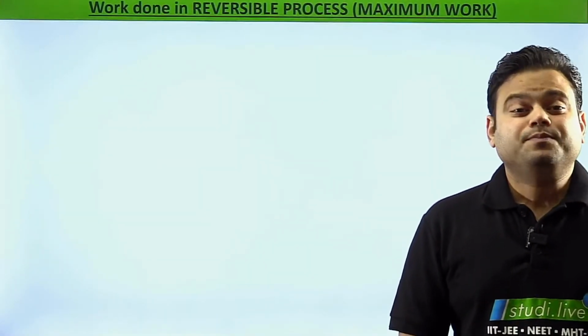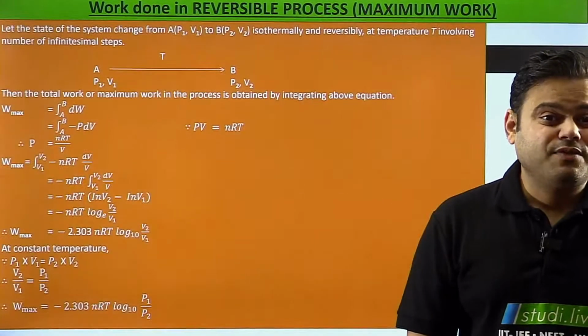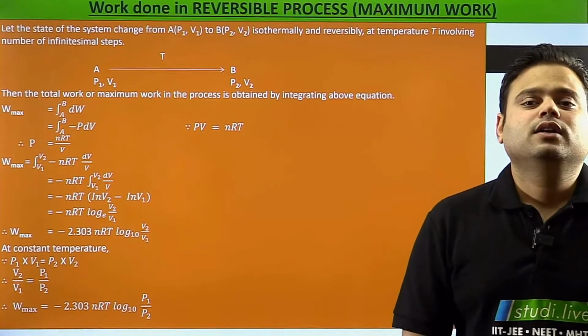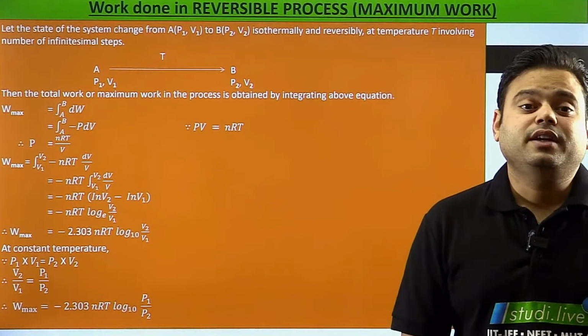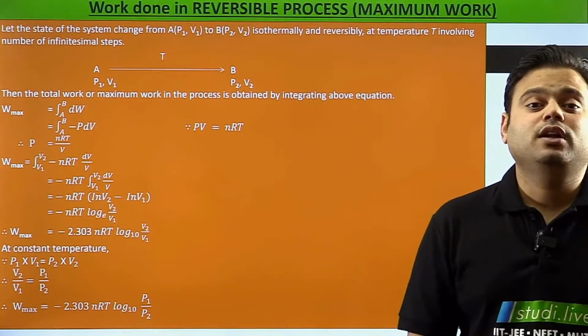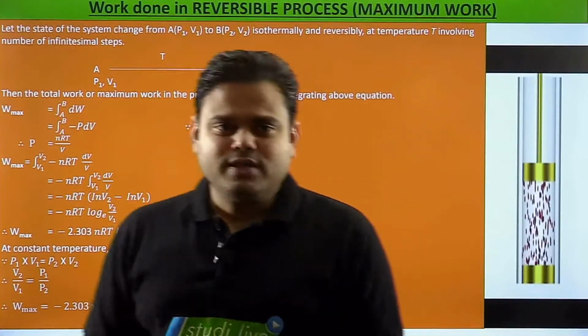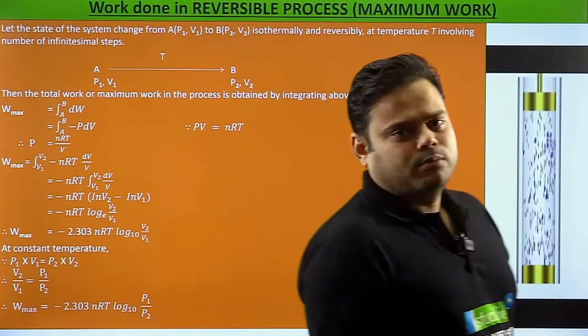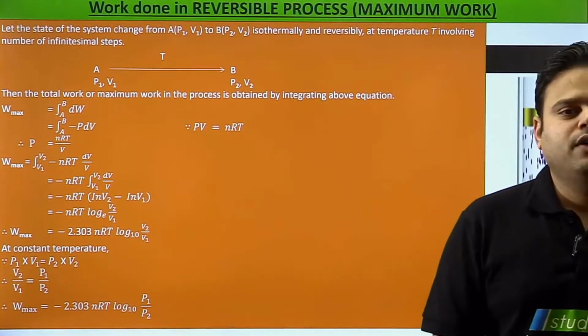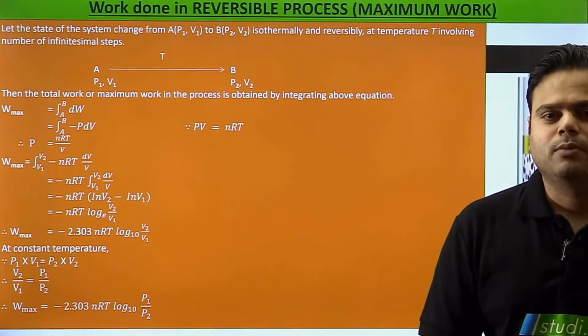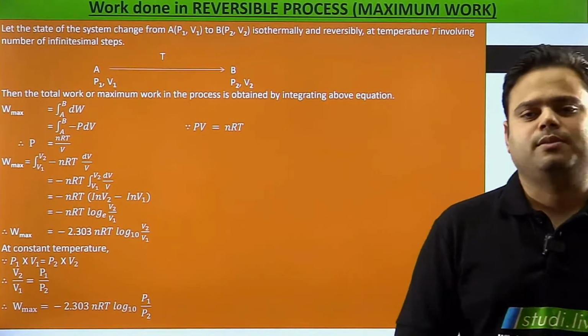Now what we do is we will integrate this factor, that is the PdV, between the initial P1 V1 to the final P2 V2. We say that the system changes from P1 V1 to P2 V2 isothermally and reversibly.